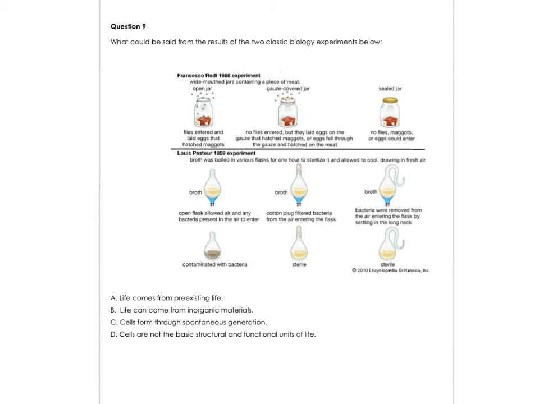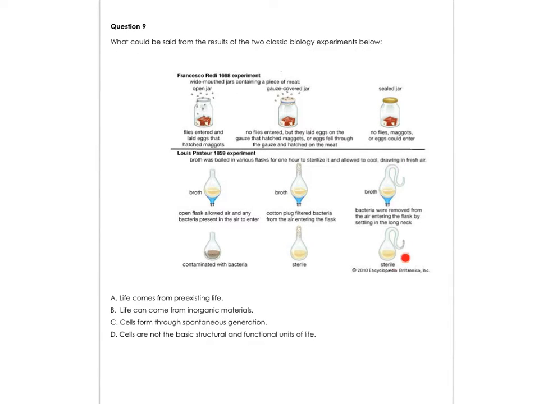And then he made a flask that had this kind of loop in it. He bent the glass, and you can bend glass if you heat it up, allowing the air to enter this little bent area.